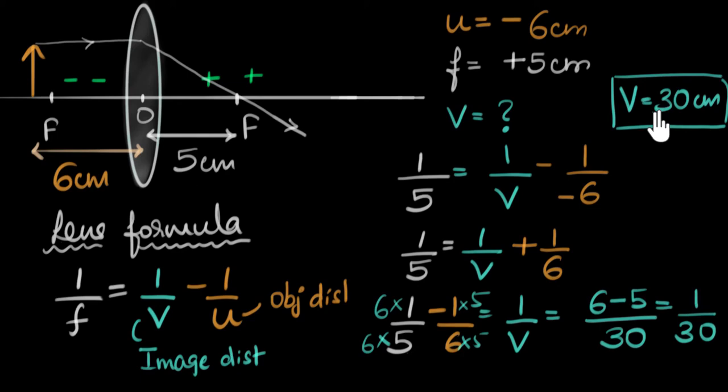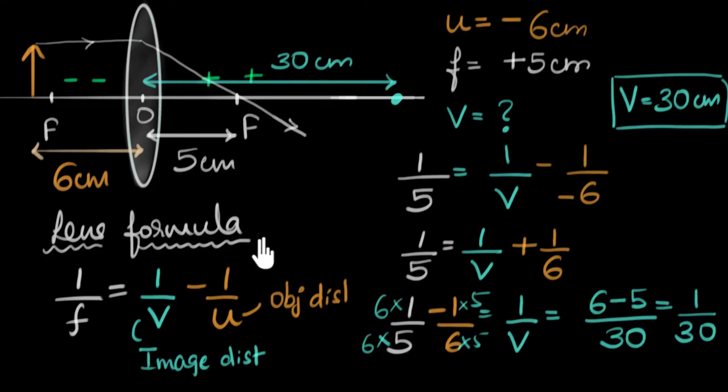But since we are getting positive 30, that means the image is on the right side of the lens. So this is 5, and 30 would be somewhere over here. Therefore, we know the image is somewhere over here. This is not drawn to scale and not very accurate, but somewhere over here at 30 centimeters is our image distance. And we have solved our problem.